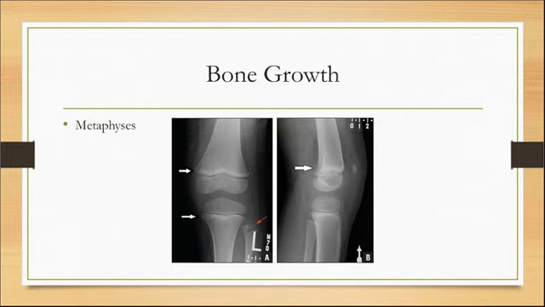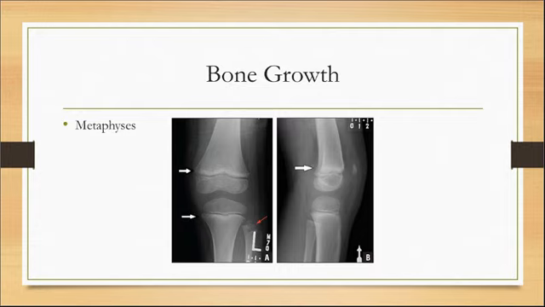Looking next at bone growth, we know our bones grow. We are not the same size as an infant as we are as an adult, so our skeletal structure has to grow with us. Metaphyses are growth centers, and you can see on the x-ray here where the arrows are those little spaces in the bone. Here we're looking at our femur and then our tib fib.